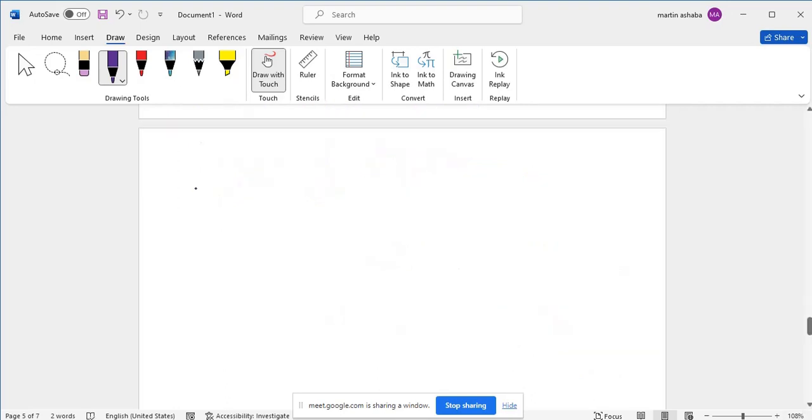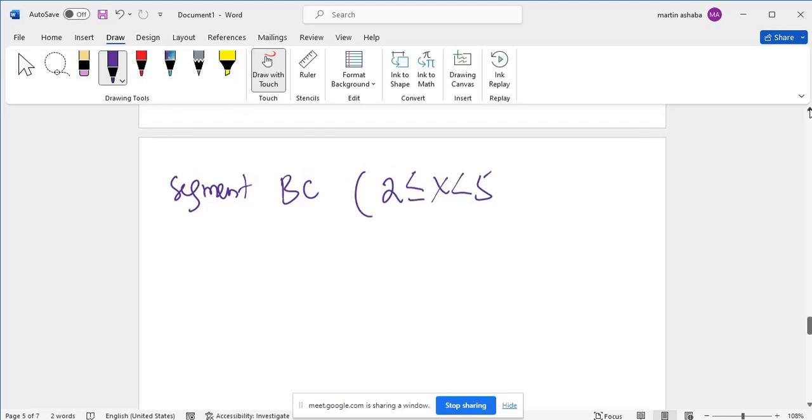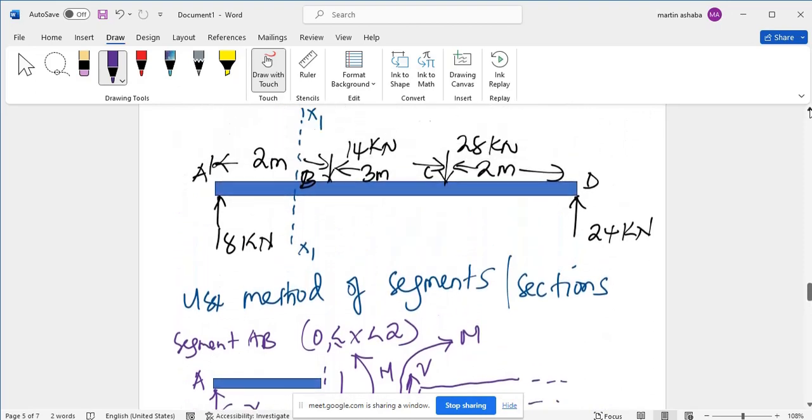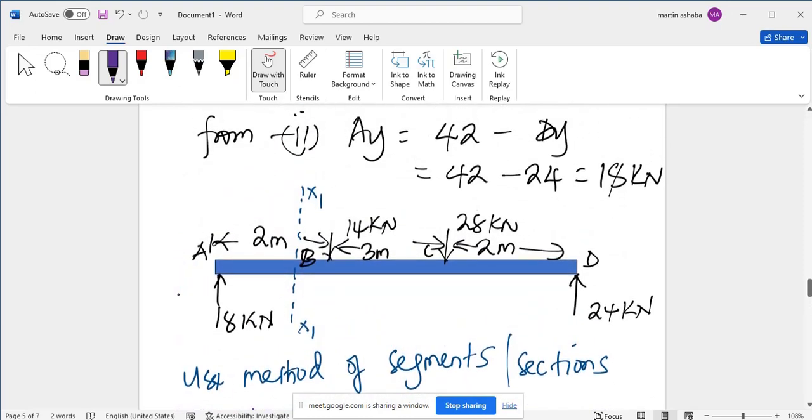So if I consider, for example, segment CD, okay, maybe BC, I have maybe jumped BC. So let me say that is at a distance 2 less or equal to x less than 5, because up here you can see that the distance lies from 0 at A to C. So C will be 2 plus 3 becomes 5.